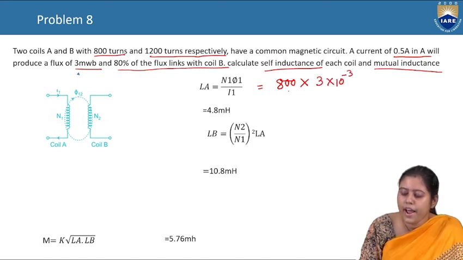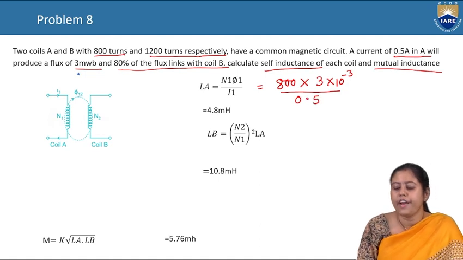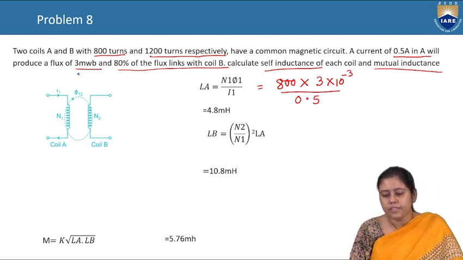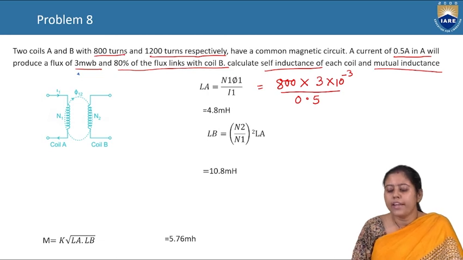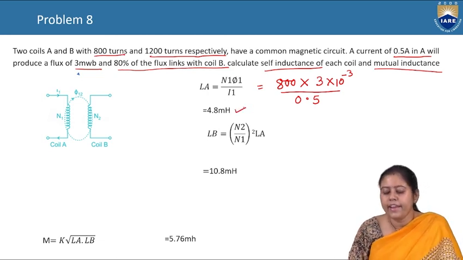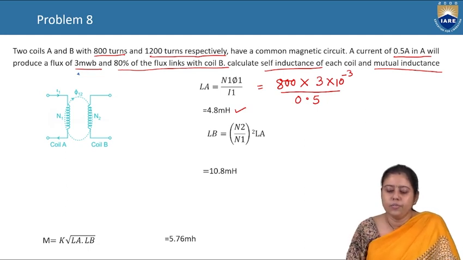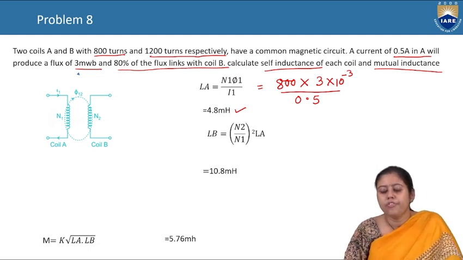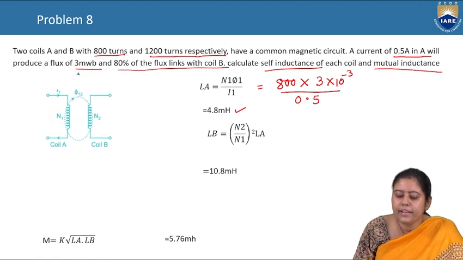And what is I1? I1 is given as 0.5. And we are getting the value 4.8 millihenry.